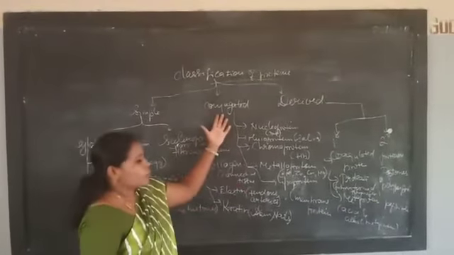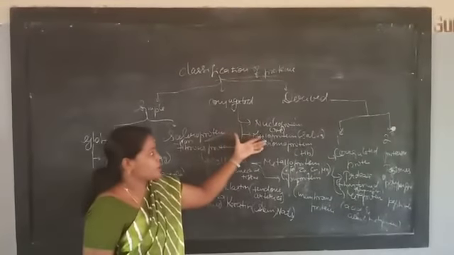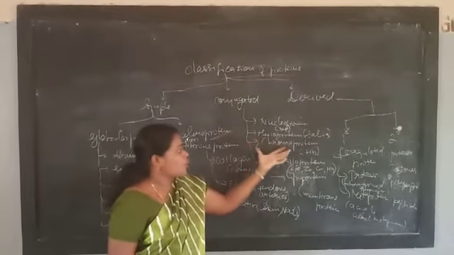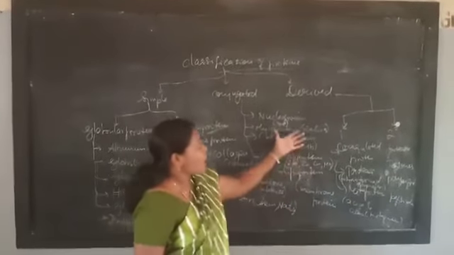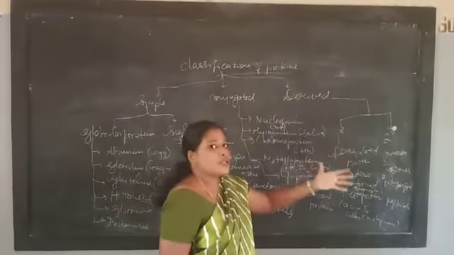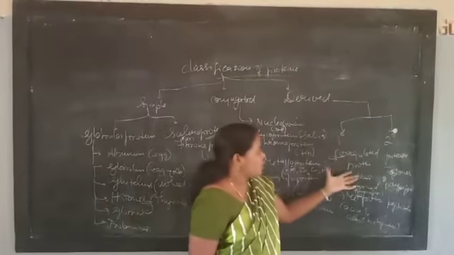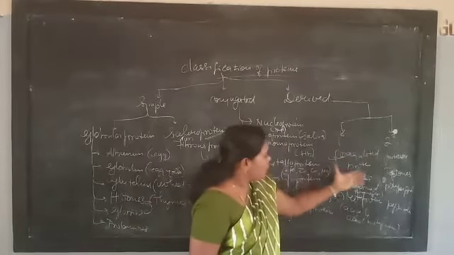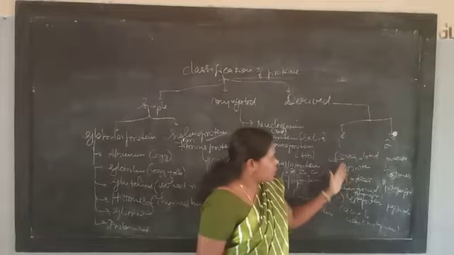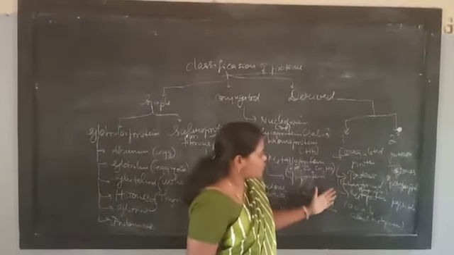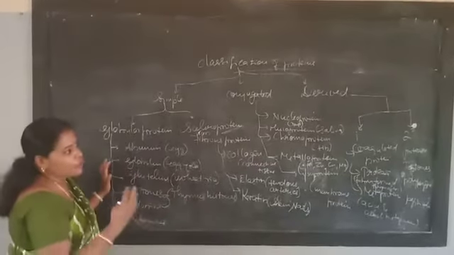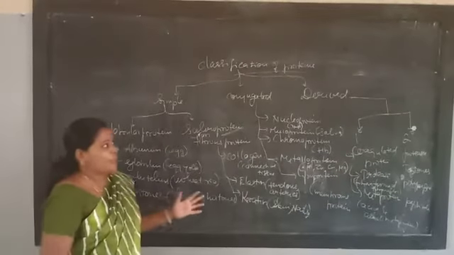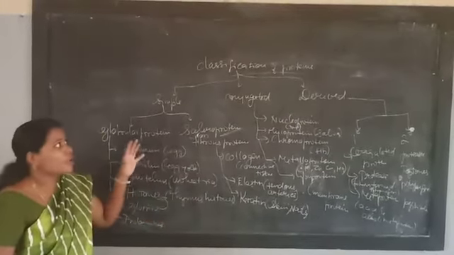The conjugated protein has nucleoprotein, mucoprotein, chromoprotein, metalloprotein, lipoprotein, etc. And derived proteins are again divided into primary and secondary. The primary contains coagulated proteins, proteoses, metaproteins. And secondary derived proteins contain proteoses, peptones, polypeptides and peptides. So these are the classifications of proteins.